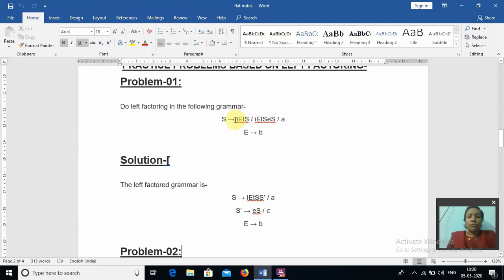So what we have to do is S goes to iEtS S1, where S1 is a new non-terminal we have to add, and later on the remaining production can be defined alone. Now S1 is nothing but epsilon, nothing, in the production rule, and here we have eS, so that is defined like this. The remaining production rule E to b can be defined as it is.